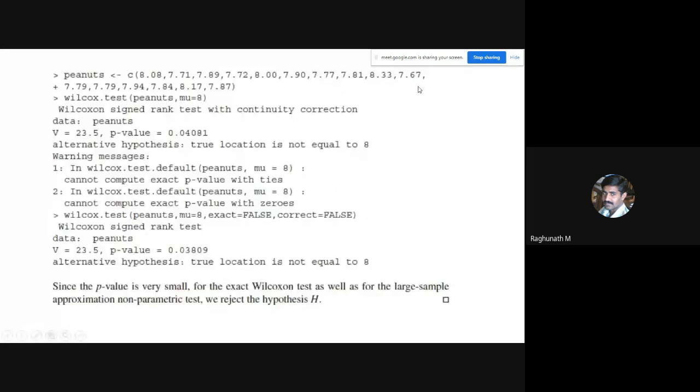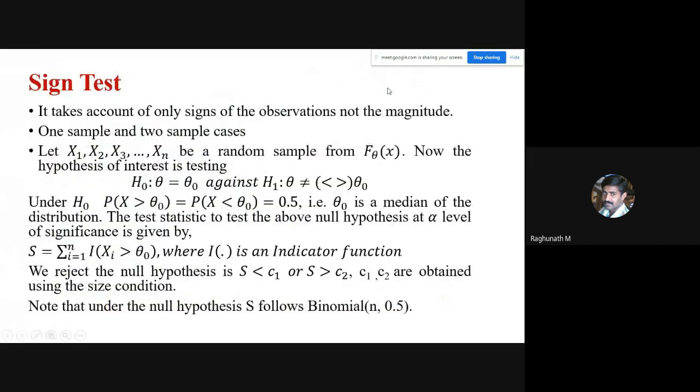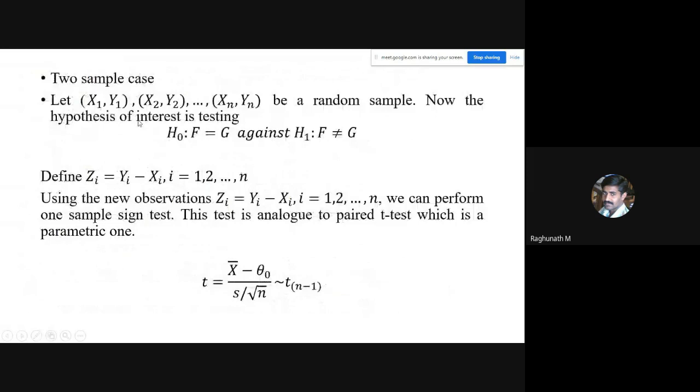Once you understand what I mean by univariate, then bivariate will be very easy because we have paired observations. So you define a quantity zi which is equal to yi minus xi, meaning y1 minus x1, y2 minus x2, and so on up to yn minus xn.